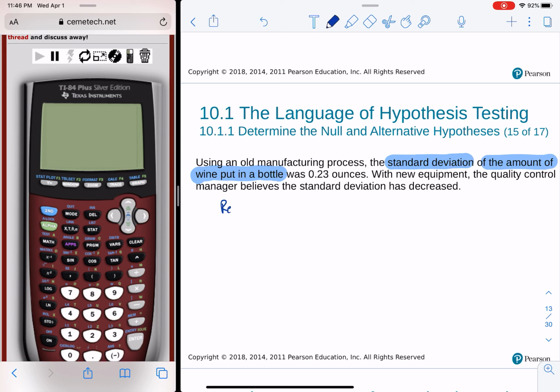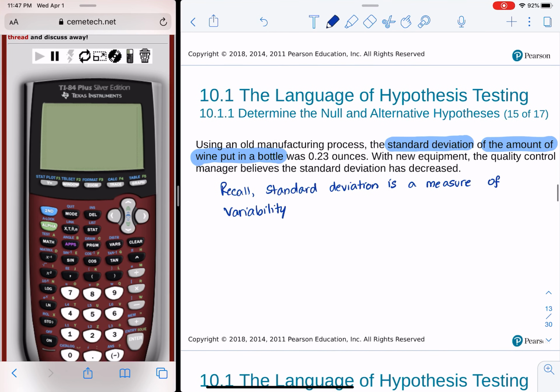So if you recall, the notation for population standard deviation is sigma.